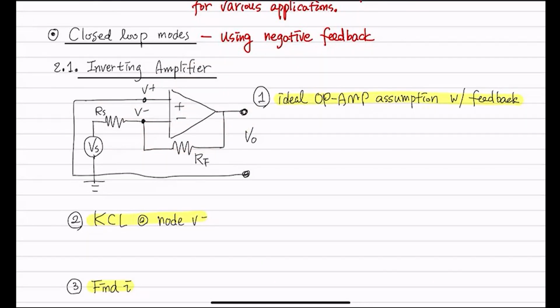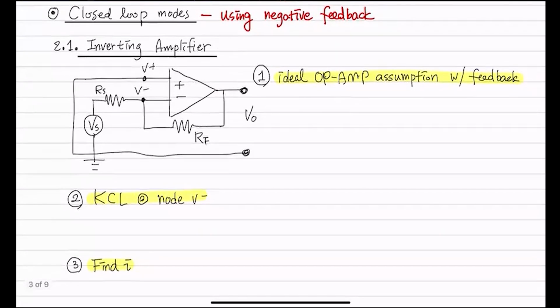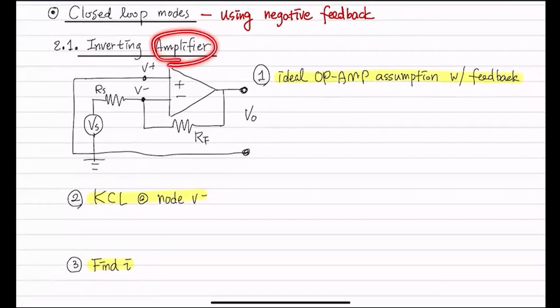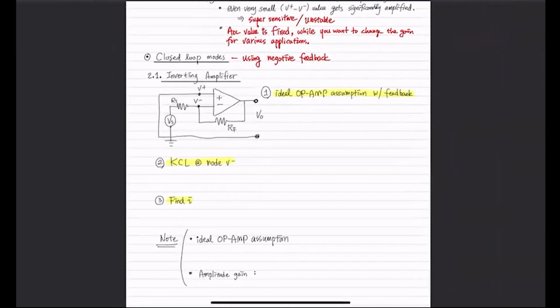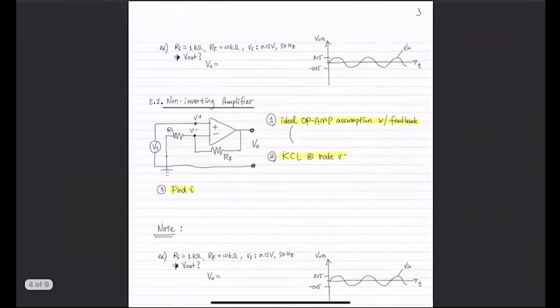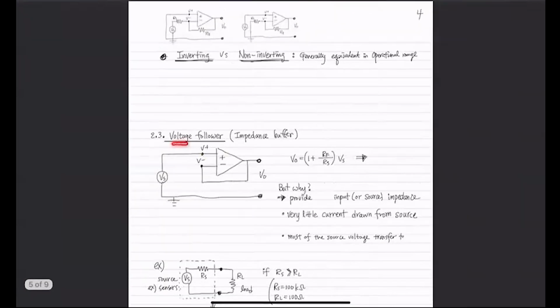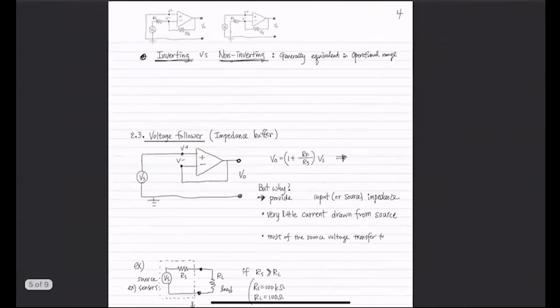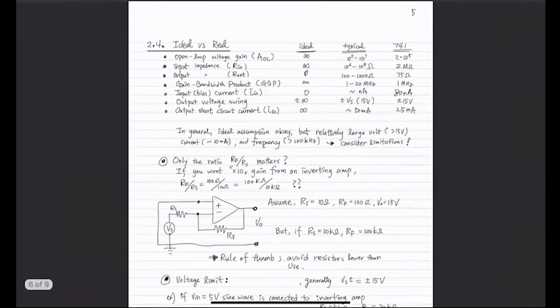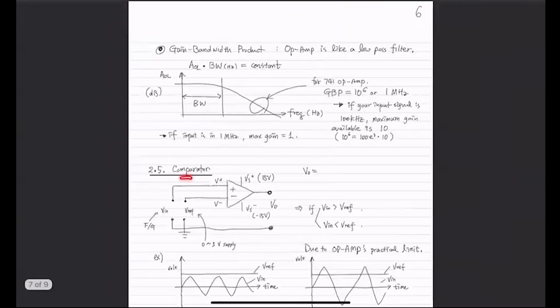And in order to understand how this amplifier works, by the way, this amplifier configuration is an inverting amplifier. And we're going to talk about a non-inverting amplifier, a voltage follower, and a comparator circuit. This one does not have that feedback, okay?